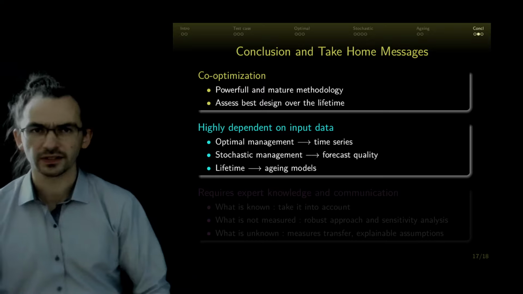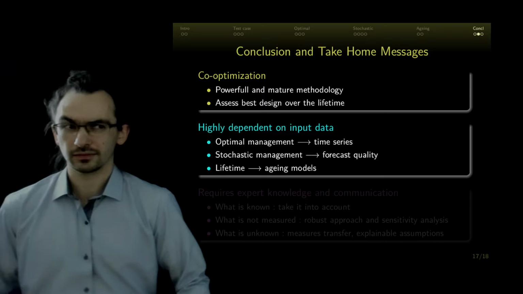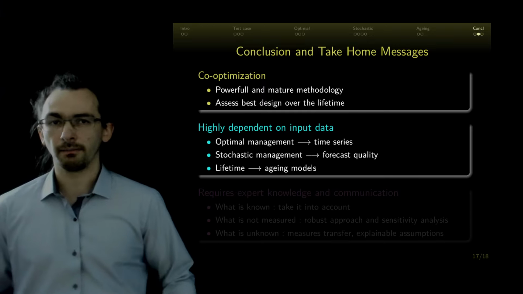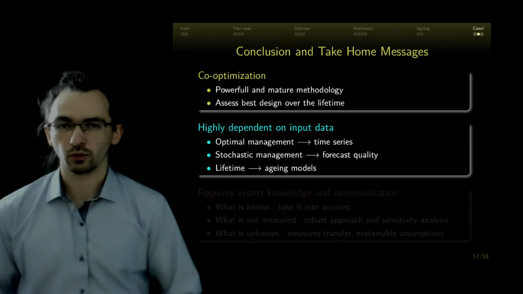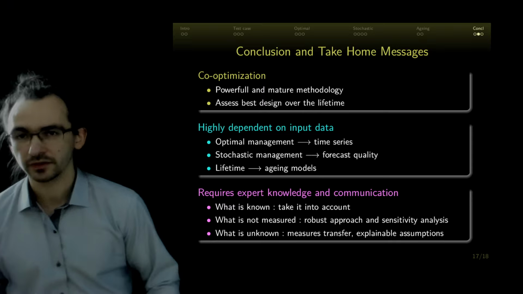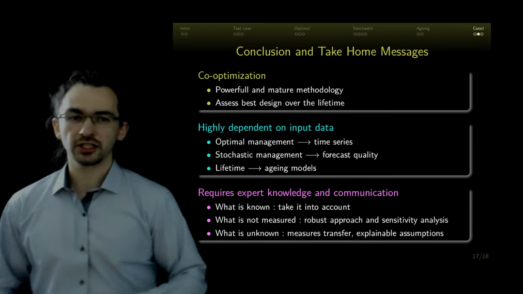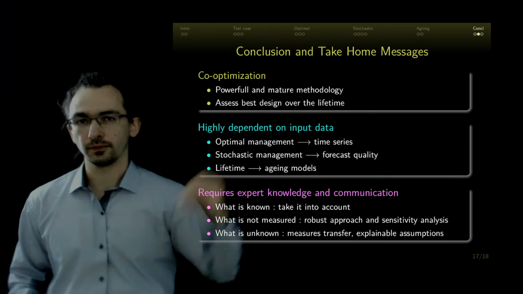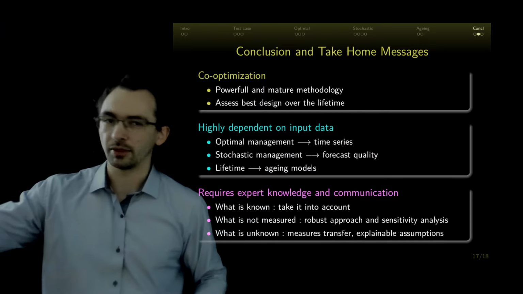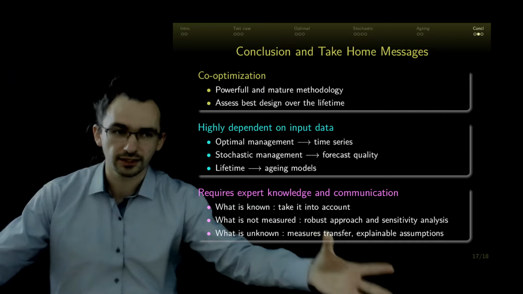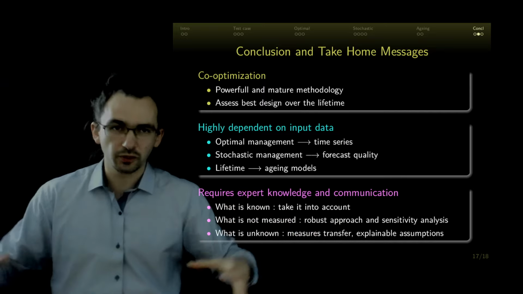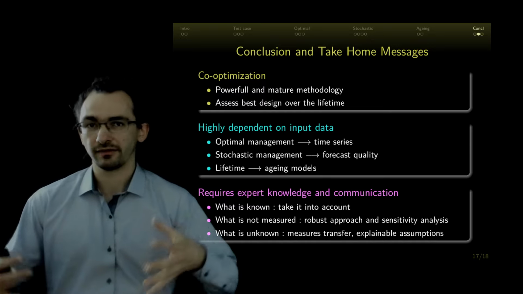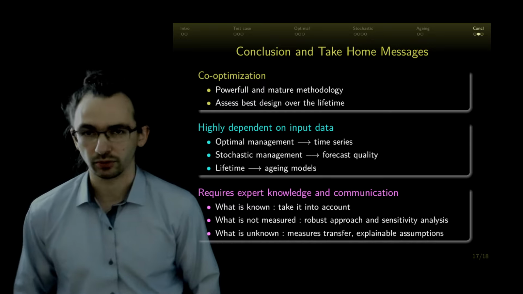And all of this is a bunch of choices that cannot be made by just one person with his computer, because it requires expert knowledge and communication between many different persons. I have the provider of the forecast, I have the manufacturer of the battery, and I need to regroup all the knowledge of all of these people in order to have a really even co-optimization approach.